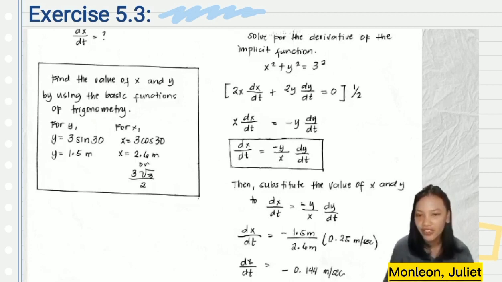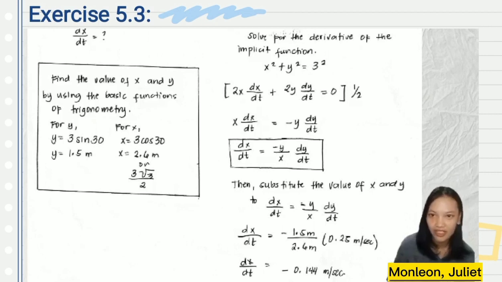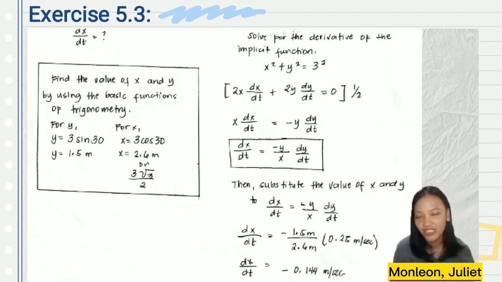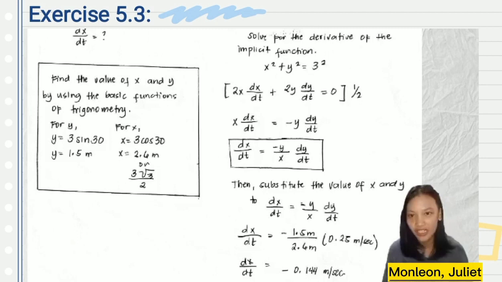Next, for the value of x, based on the representation above, x is cosine, since we all know that cosine is equal to adjacent over hypotenuse. So x is equal to 3 cosine 30, since x is adjacent to the 30 degree angle, and the 3 meter is the hypotenuse.